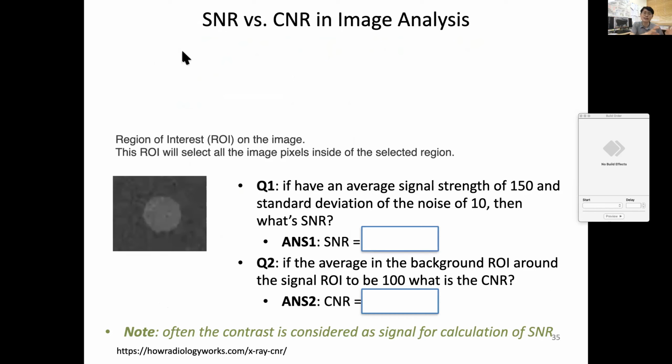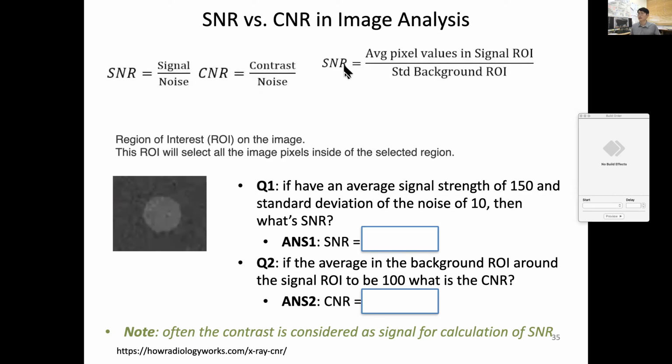I have to say this definition can be different or more refined in different areas, such as image vision science or the image processing field. It can be defined differently, so you have to also understand that category of explanation. So simply, SNR versus CNR is signal divided by noise or contrast divided by noise. And what do I mean by signal and noise?